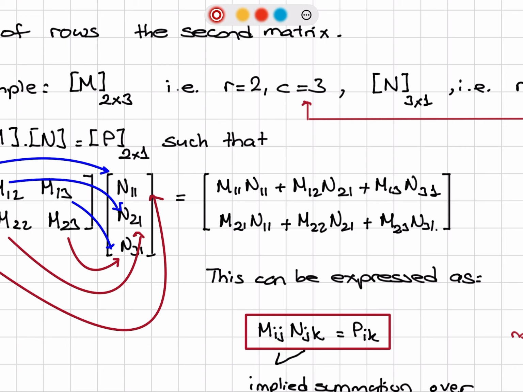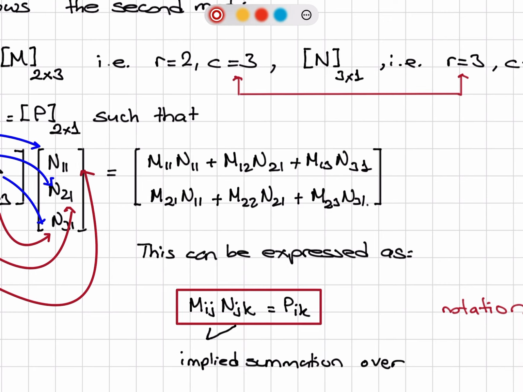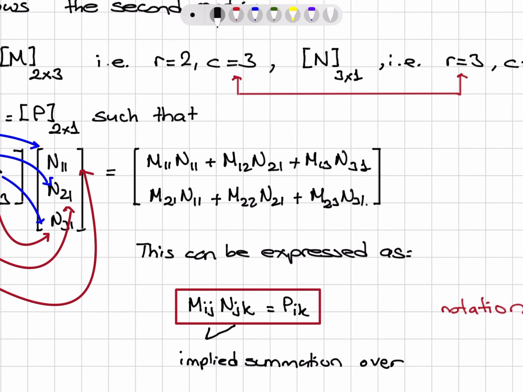And for i is equal to 2 here, it's M21 N11 and M22 N21 and M23 N31, which will give us P21. So that's basically the way it works. And this is written this way using the subscript notation. And the repeated j index implies that there is an implied summation over the index j here.